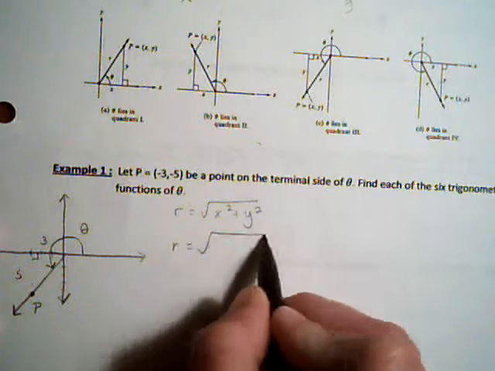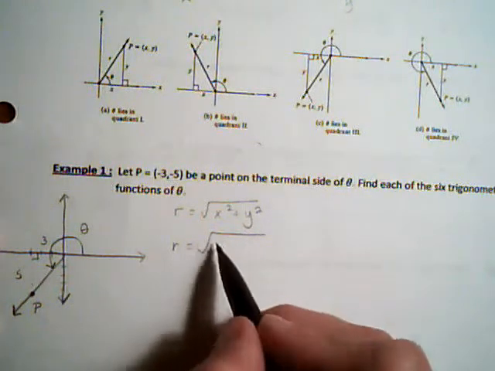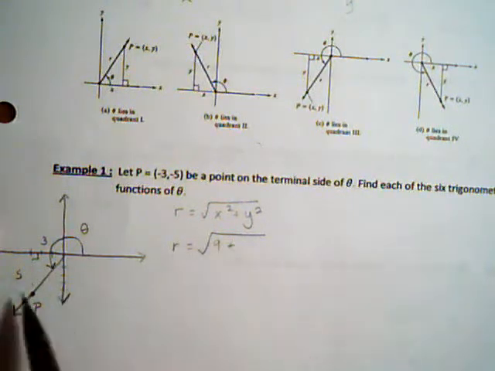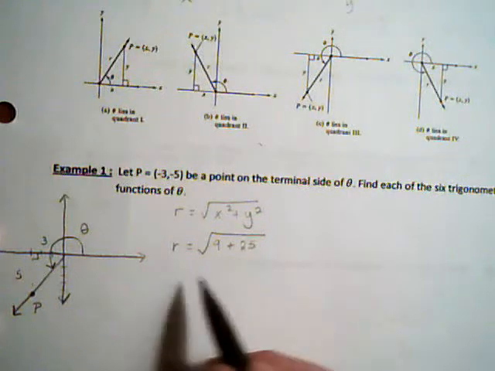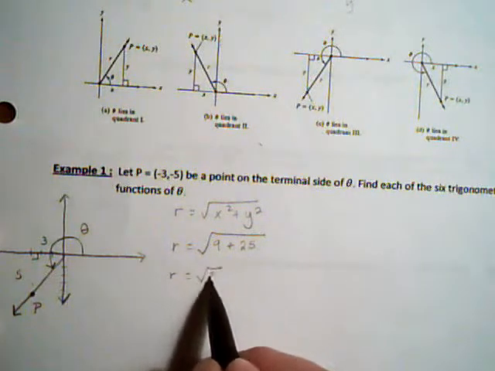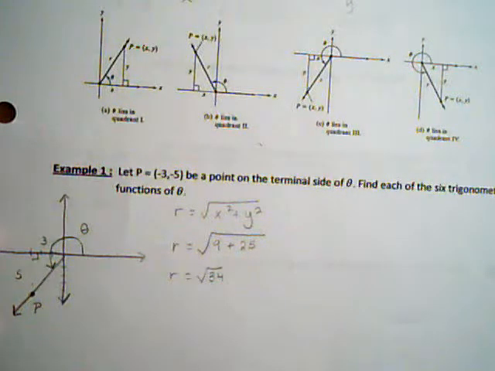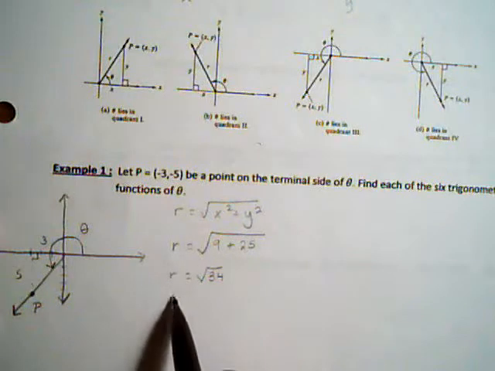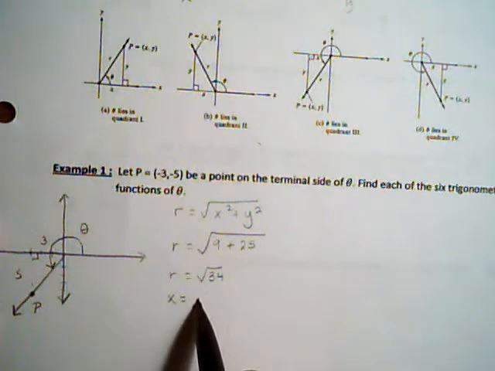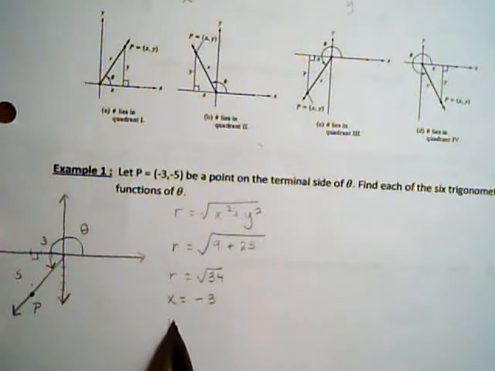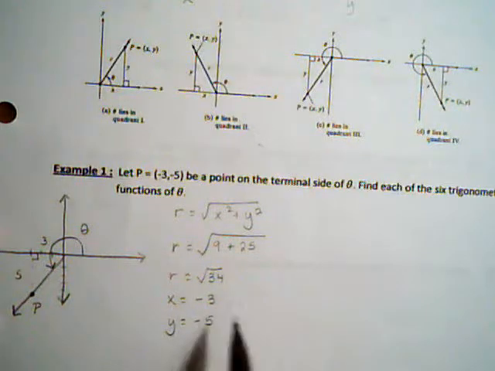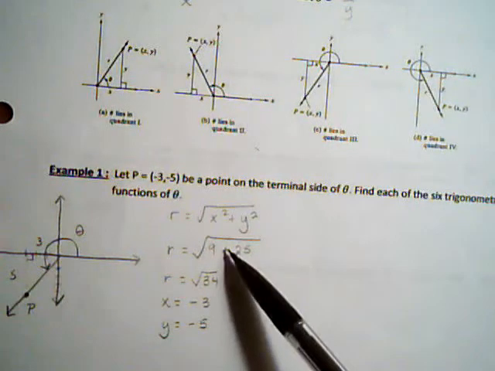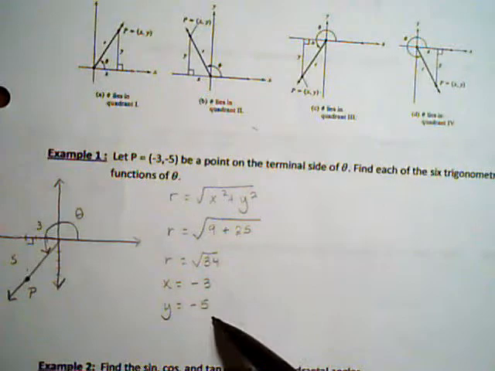So r would equal the square root of 3 squared plus 5 squared. So r is the square root of 34. We're just going to keep it as a radical. That's not going to reduce. And just for notation, remember x is equal to -3 and y is equal to -5, but it still made it positive when I squared it.